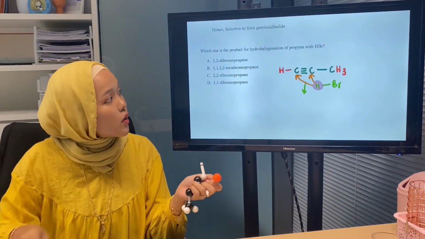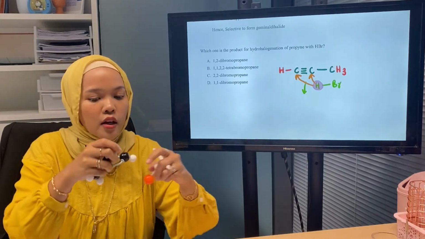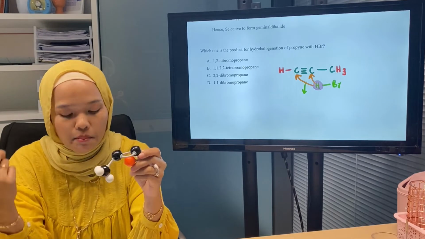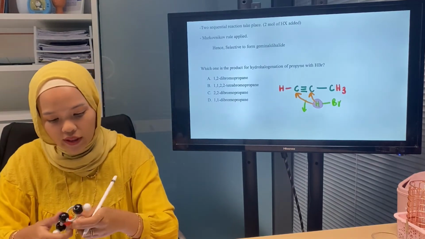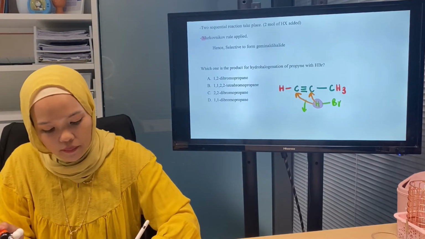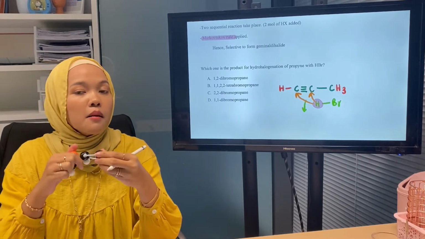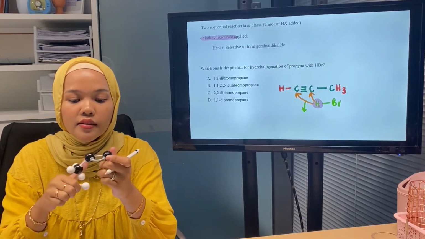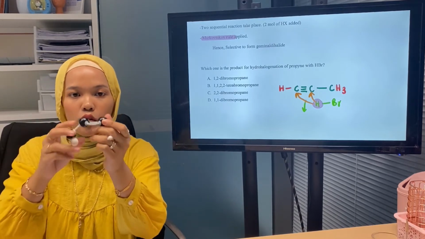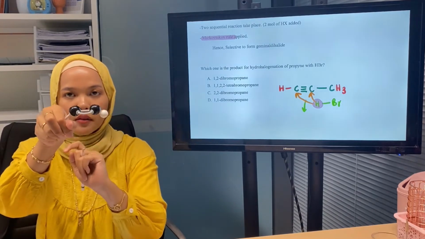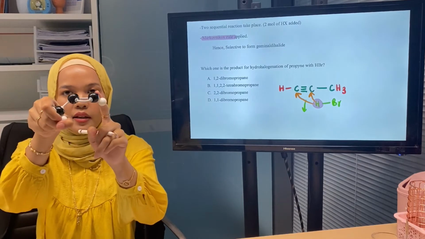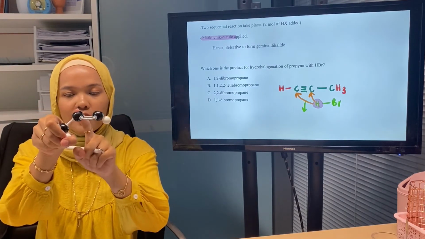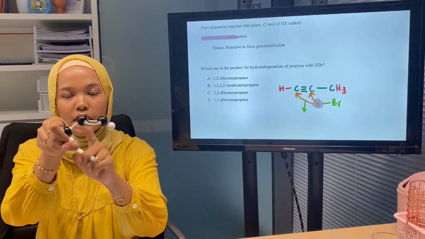When you want to add the hydrogen, do you want to add to this carbon or this carbon? Remember Markovnikov's rule. Markovnikov said that the hydrogen will tend to go where there is more hydrogen. You just need to look at these two carbons. This carbon has one hydrogen attached to it. This carbon has only another carbon attached to it.